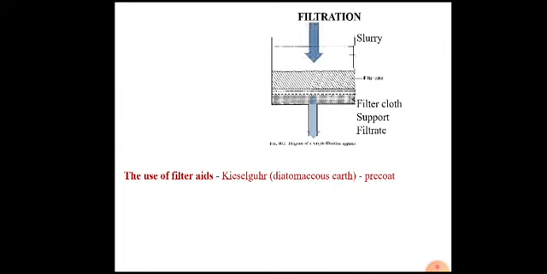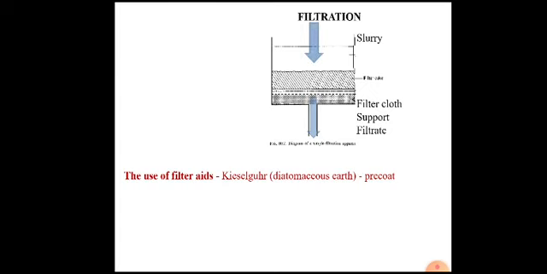These filter aids are, for example, diatomaceous earth. This diatomaceous earth, which is a filter aid, can be placed on the filter cloth so that the solid particles having greater diameter are blocked just above the filter cloth and not allowed to pass through, thereby avoiding blockage of the pores of the filter cloth.